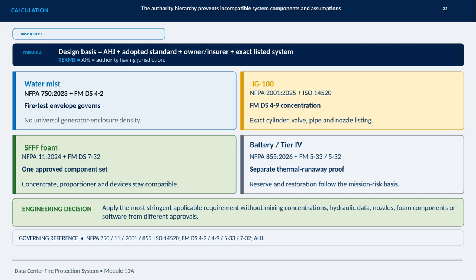The engineering decision is straightforward. Apply the most stringent applicable requirement, without mixing concentrations, hydraulic data, nozzles, foam components, or software from different approvals. The governing references include the listed NFPA standards, ISO 14520, FM datasheets, and the AHJ.